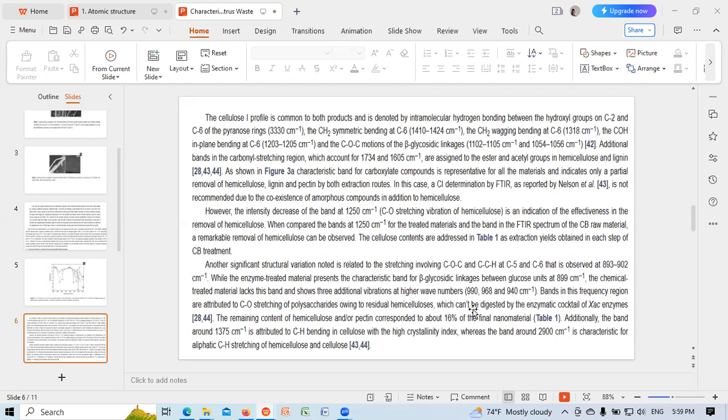The carbonyl stretching accounts for 1734 and 1605 per cm. This shows the stretching vibration of hemicellulose at 1250 per cm.